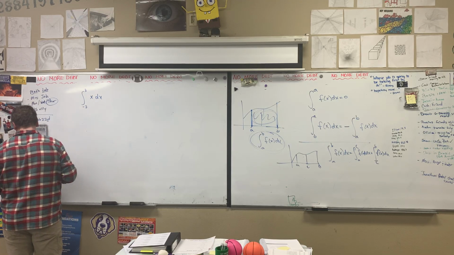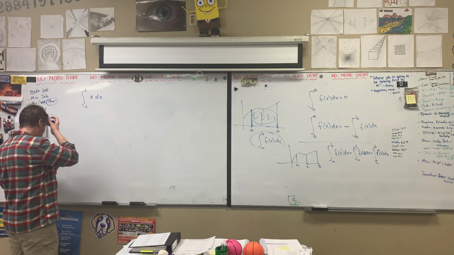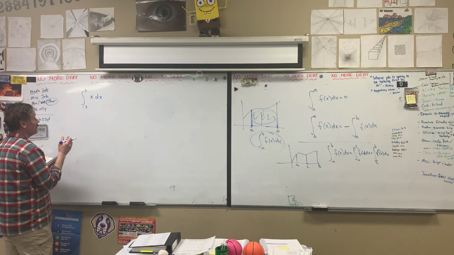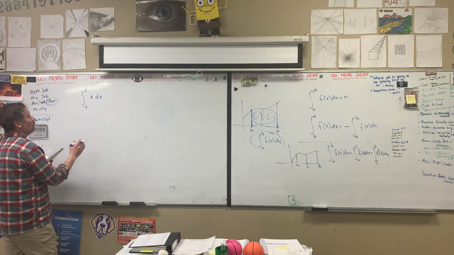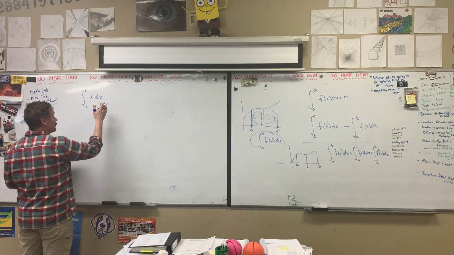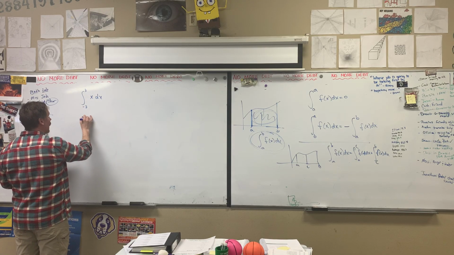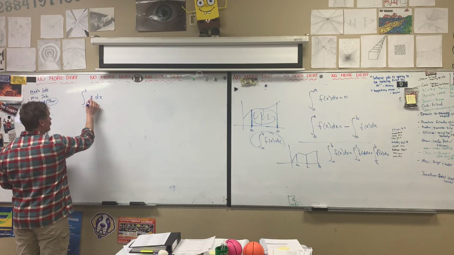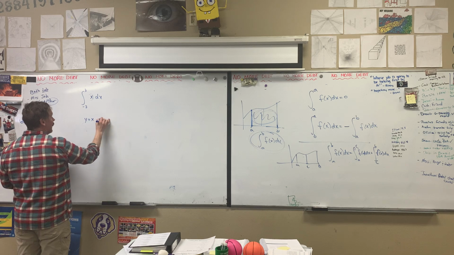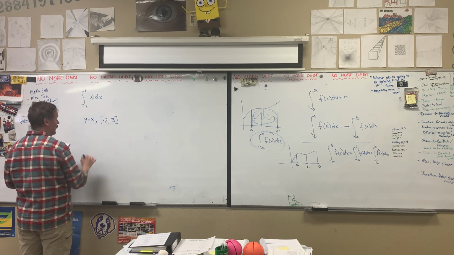What they actually want you to do is to go backwards, if you will, and think about what this represents with our sigma notation. What we're actually given is y equals x on the interval of -2 to 3.